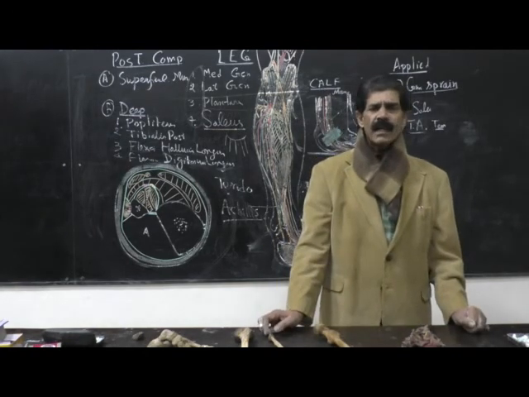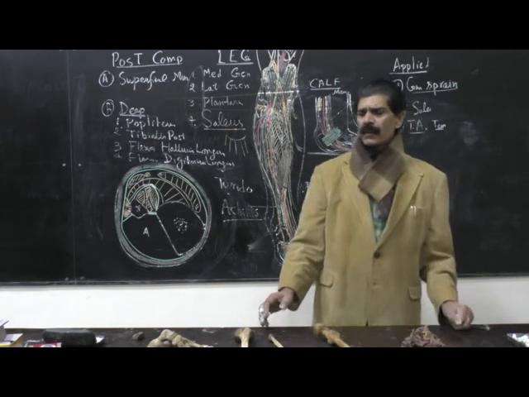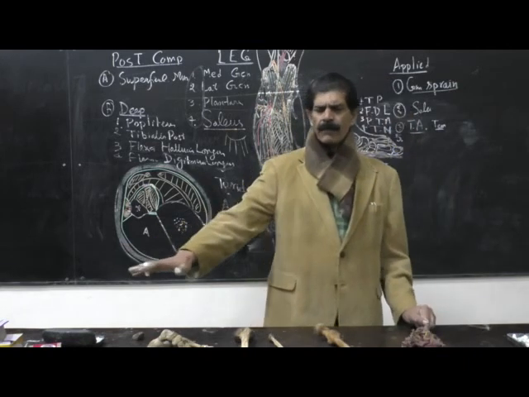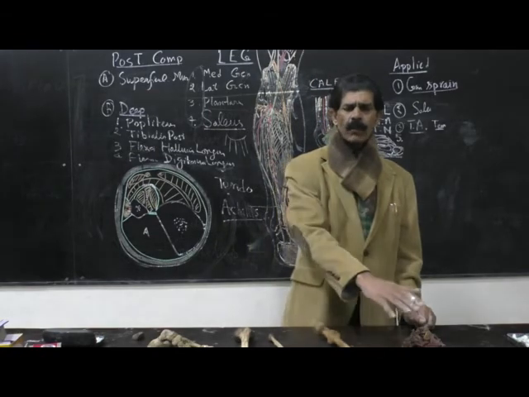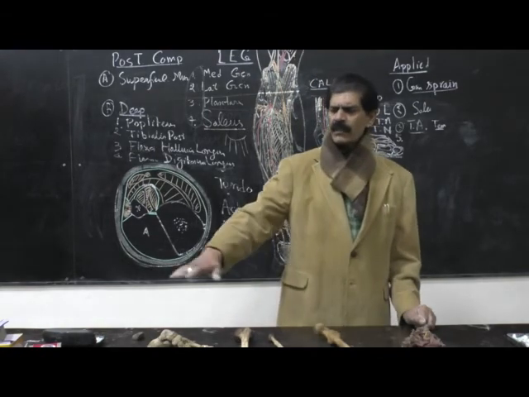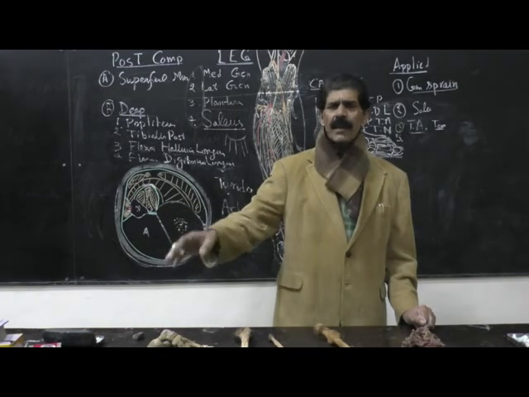When we examine this person, we see there is a gap in the tendon. The patient is lying in the prone position, and we just put the finger on the tendocalcaneum. So there is a gap in it.